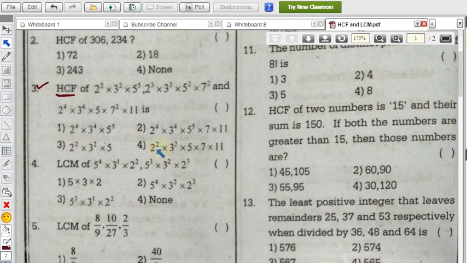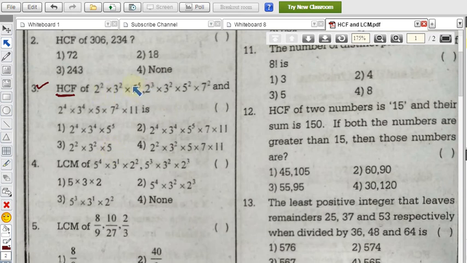Next is 3 power 2, again 3 power 2, 3 power 4. So the least is 3 power 2, here and here. Next is 5 power 5, 5 power 2, here only 5. So this is 5.